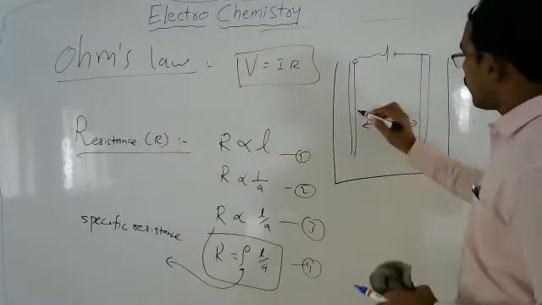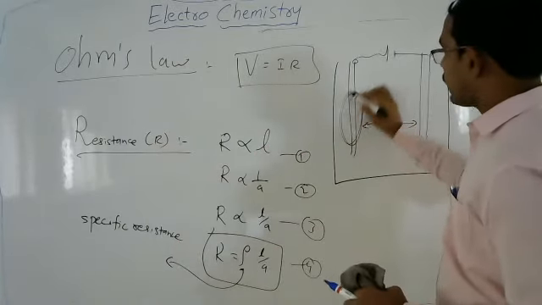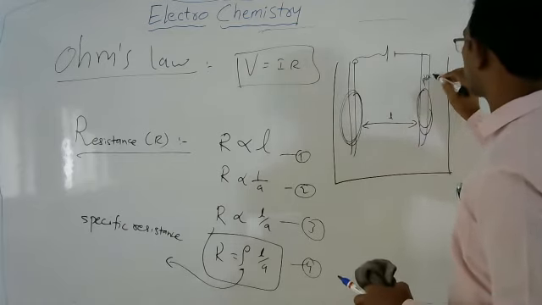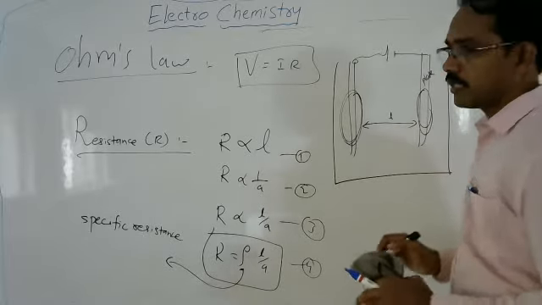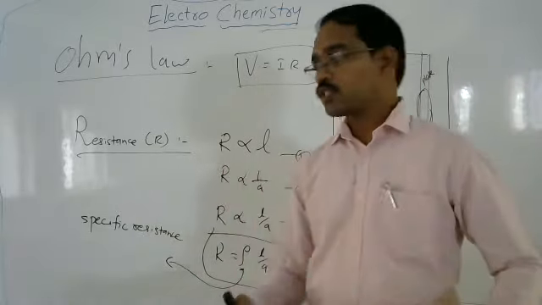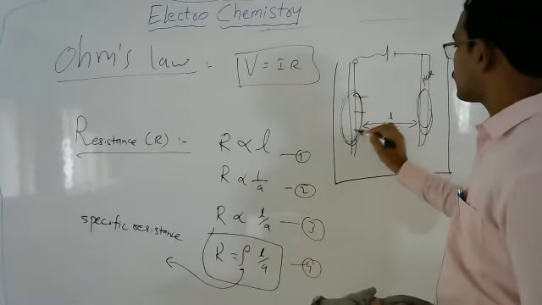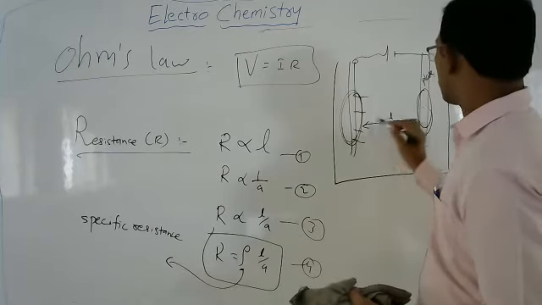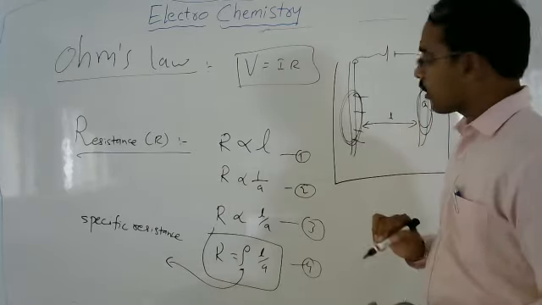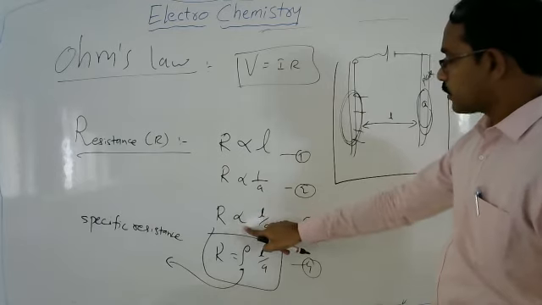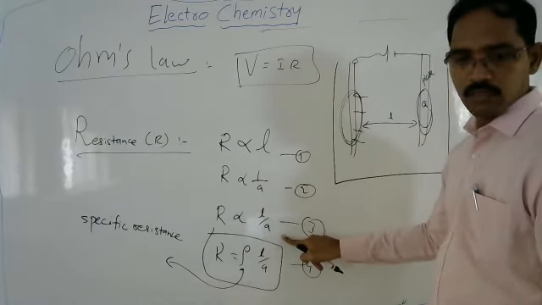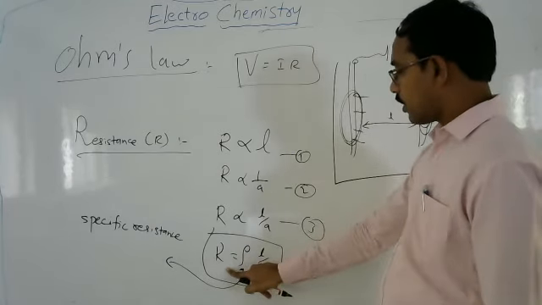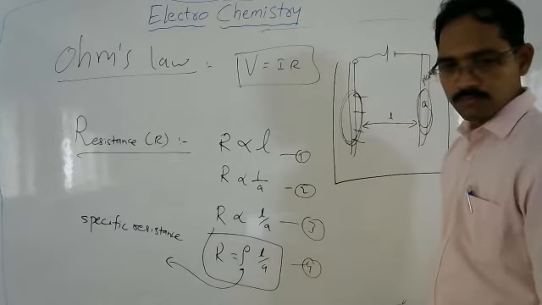Then the area: it is just a plate, not a rod. If a big area is there, electrons can move from here, here, here, so resistance is decreasing. So that is the area A. So R is directly proportional to L by A. Here R equal rho L by A.